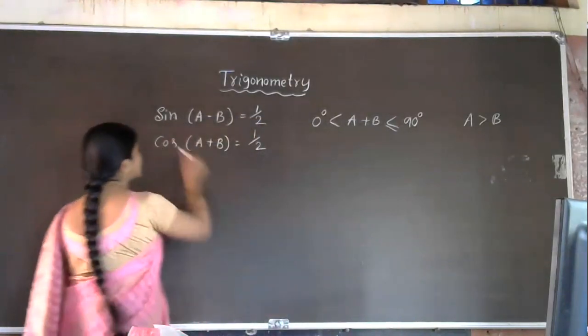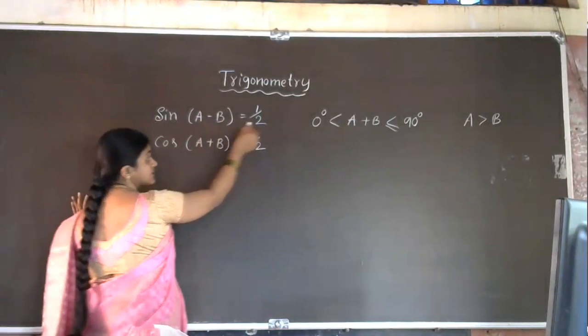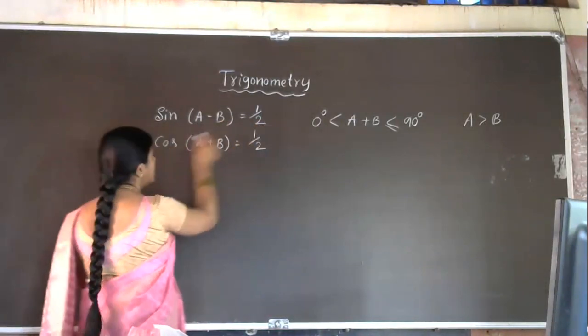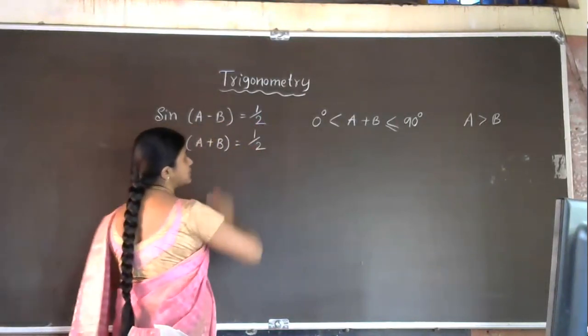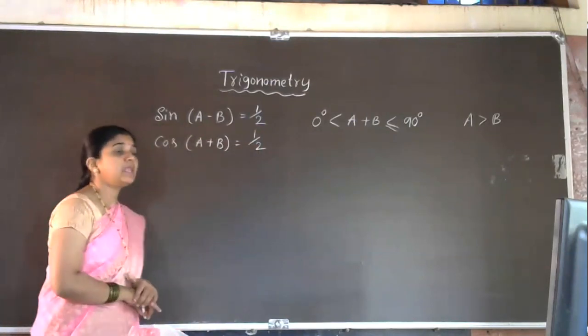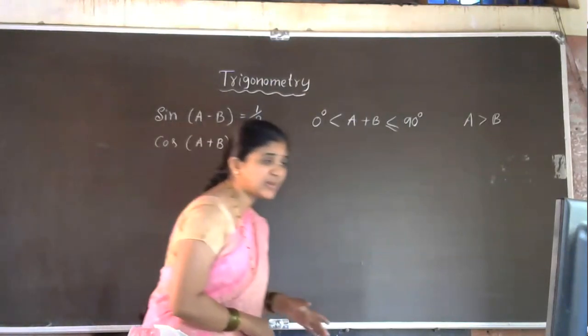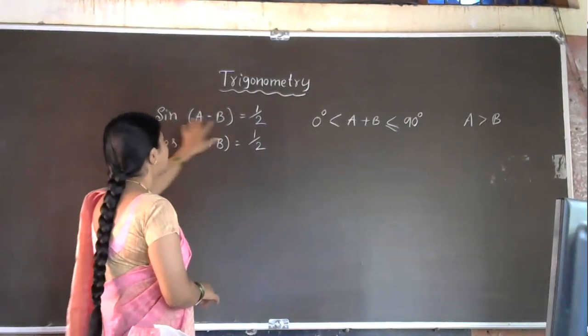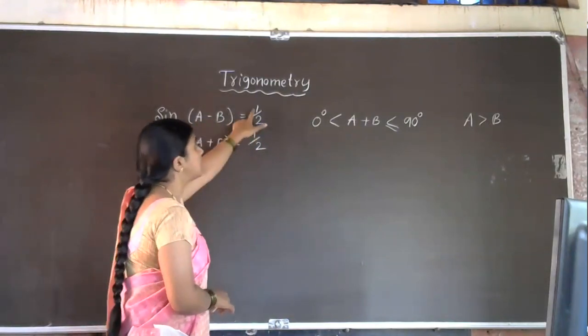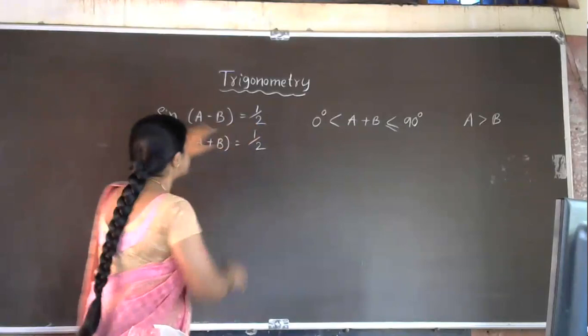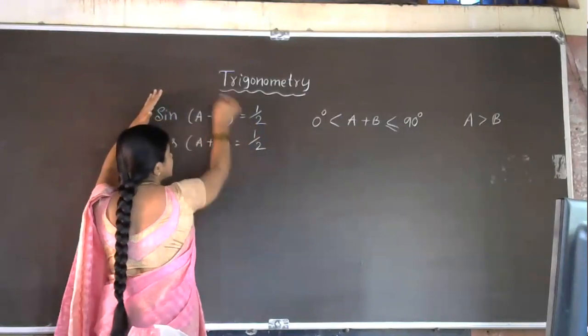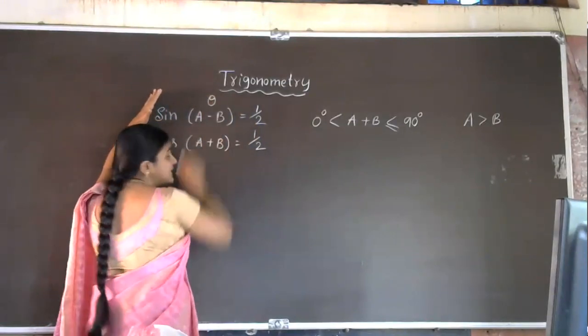What is given actually? Sine of A minus B is equal to 1 by 2 and cos of A plus B is equal to 1 by 2. Now can you guess the answer for this question? Sine of A minus B is equal to 1 by 2. Can we consider this A minus B as theta now?